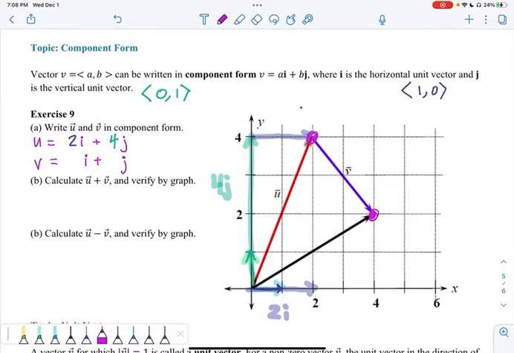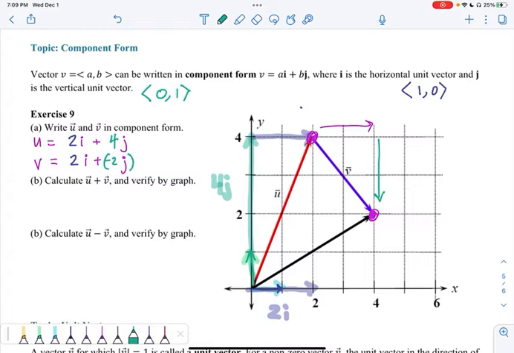If you're just giving v directions to get from the start to the finish, I would say go to the right, in the positive horizontal direction, 2 steps. So 2i, and then to get down to its ending point, I'm going down. So I actually want plus negative 2j, or subtract 2j. And that's how I would write those both in component form.